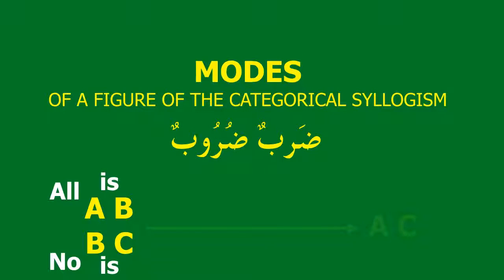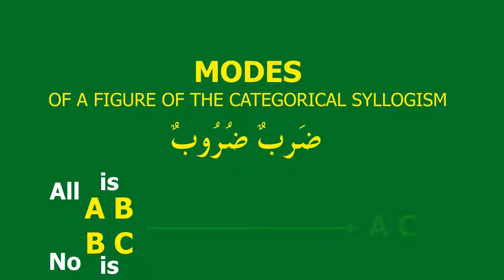If we add the quantifiers and we add information about whether each proposition is affirmative or negative, so if we say all A is B, this is a universally quantified affirmative proposition. No B is C, this is a universally quantified negative proposition.